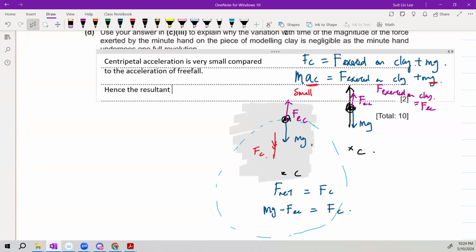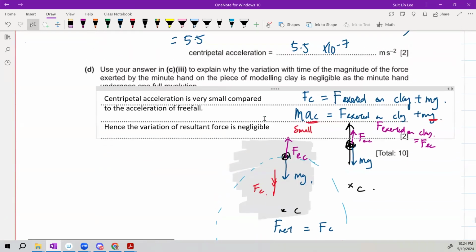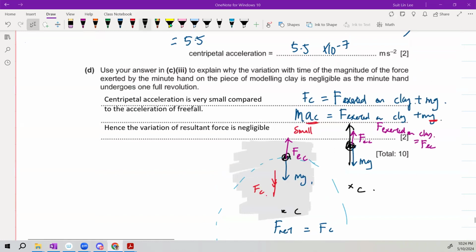Hence, the variation of resultant force is negligible. It's a little bit like they're actually not asking your resultant force. They are asking this one. Variation with time, the magnitude of the force exerted by the minute hand.